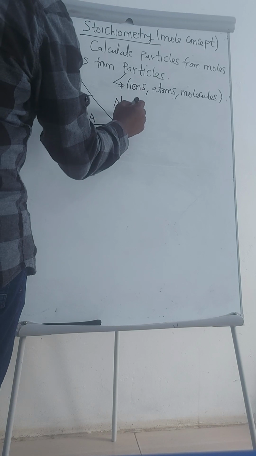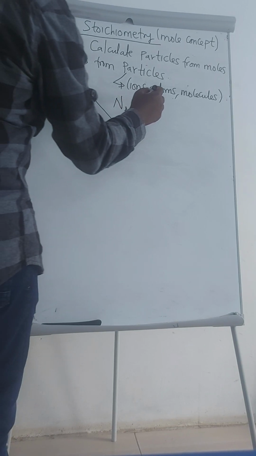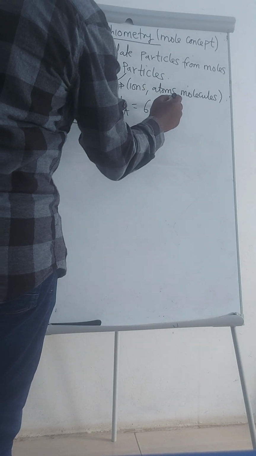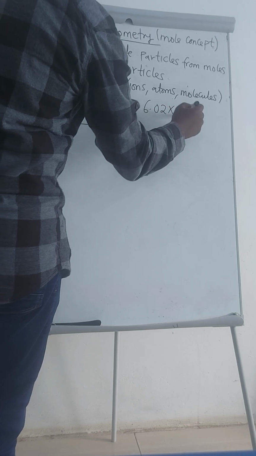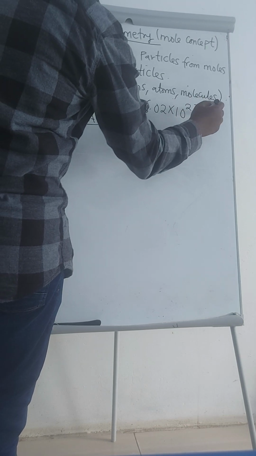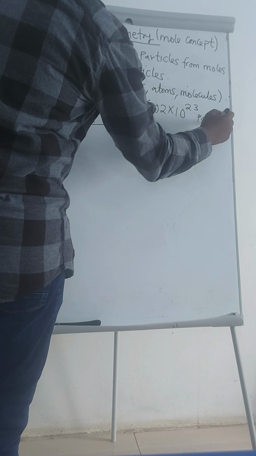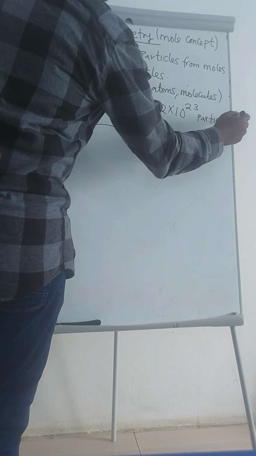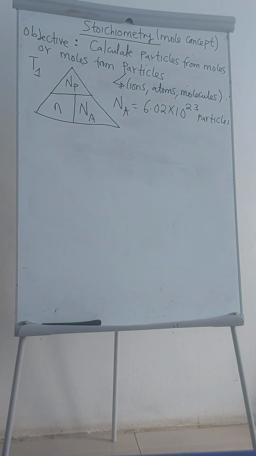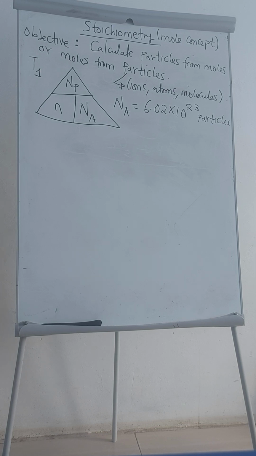Na is equal to Avogadro's constant, which is 6.02 times 10 to the power 23 particles, which could be ions, molecules, or atoms.